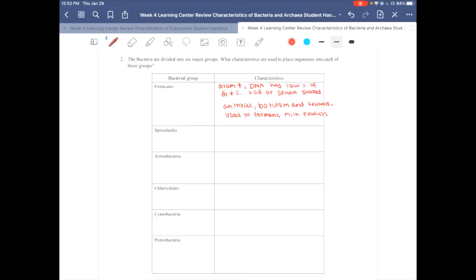Okay, next we're going to look at the Spirochetes group, and these are known to be corkscrew shaped. And they have a flagella, and the flagella is usually within the outer sheath. These bacteria metabolize through fermentation or sometimes by fixing nitrogen.